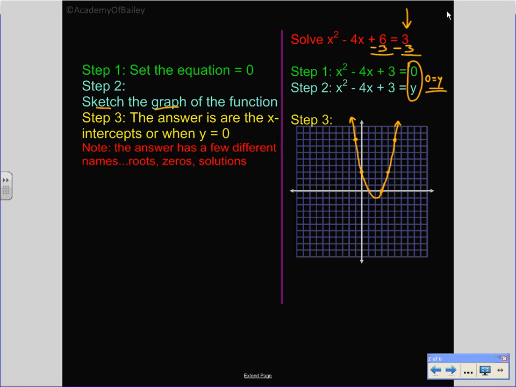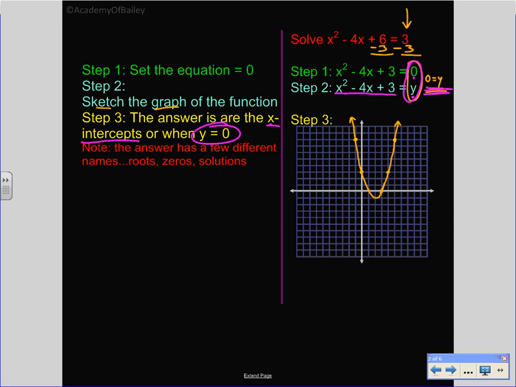And step number 3, the answers are the x-intercepts, or when y equals 0, and that's the concept. If you look there, because we took out 0 and put in y, what we're trying to do is figure out where this quadratic equation is equal to y when y is equal to 0.